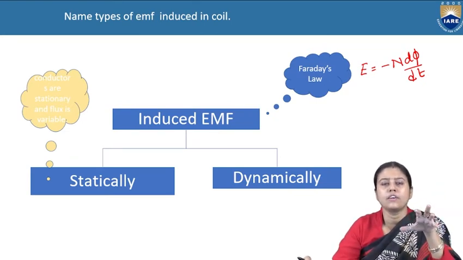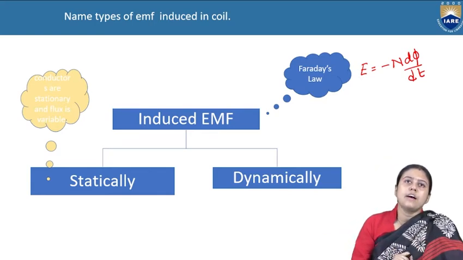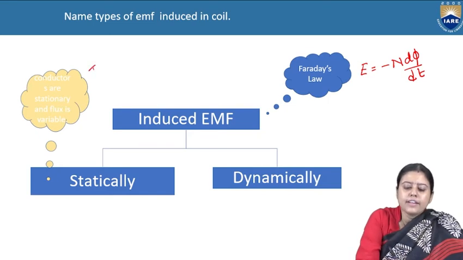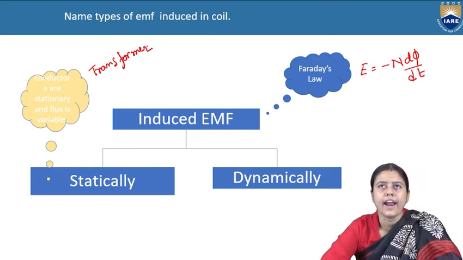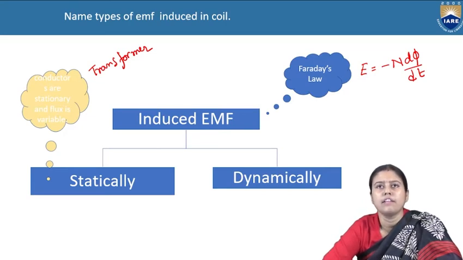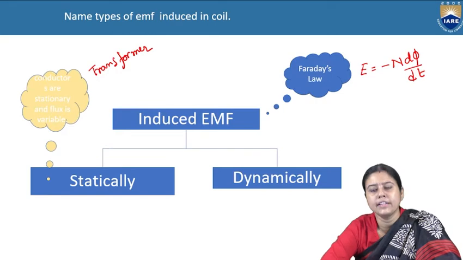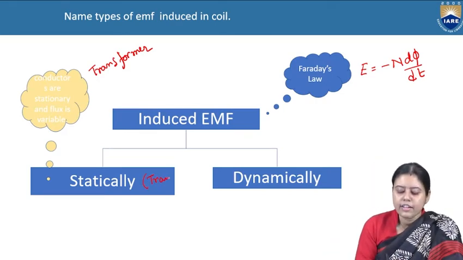The conductors are not changing any more. What is the example of this? The main example is the transformer. That's why the static EMF is also known as the transformer EMF.